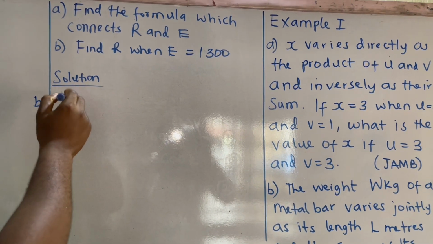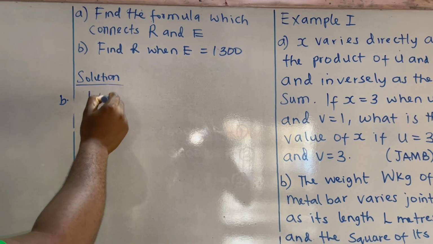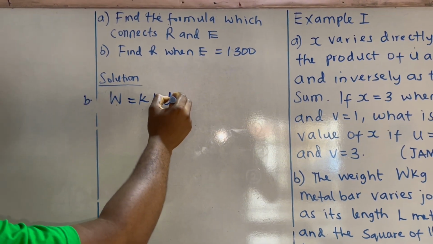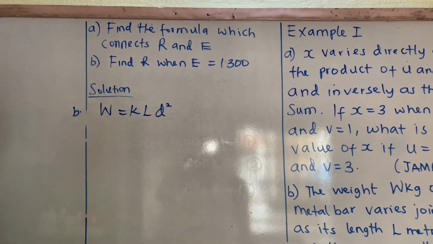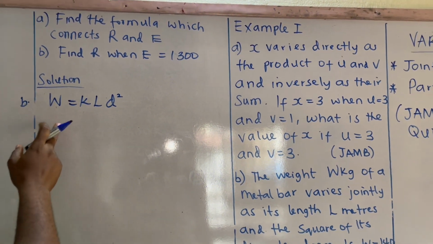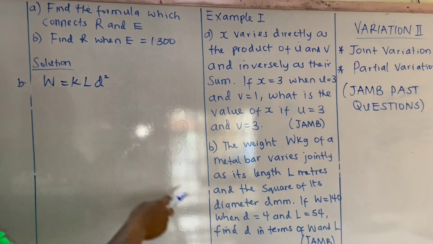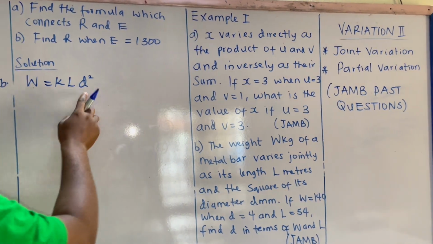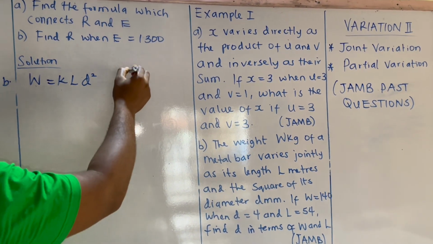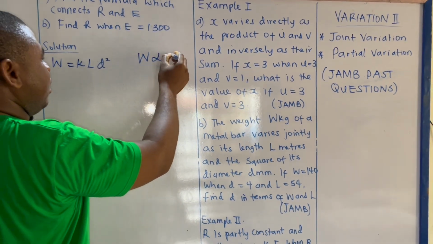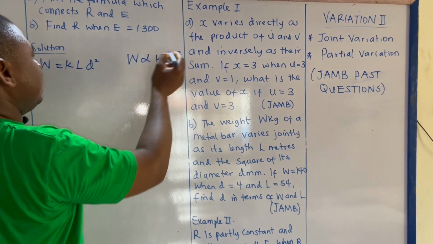So we have W is equal to K L D squared. It means W, the weight of the bar, is equal to the constant times the length and the square of its diameter. Normally I should have written this as W varies with K L D squared.